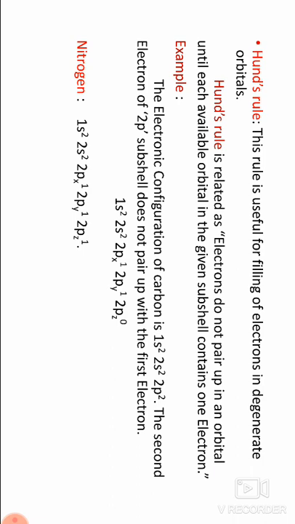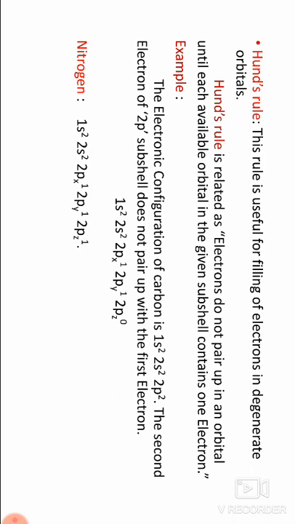Anomalous configuration. The electron configurations of chromium and copper are different from the predicted ones. These configurations are called anomalous configurations. The predicted configuration of chromium is 4s2 3d4. Chromium atom gains extra stability by having its d subshell half filled.